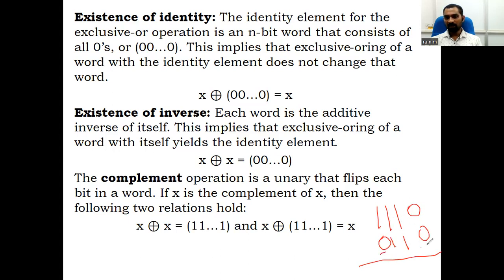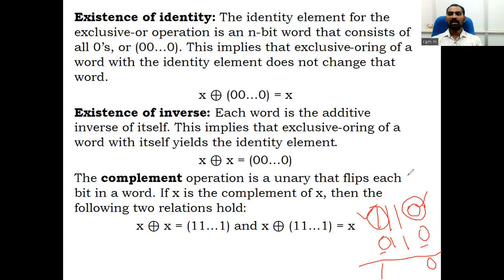But if you take the second value as 0, the output equals the first input. Here the first input is 1, I XOR with 0, I get 1. Here the first input is 0, I XOR with 0, I get 0.